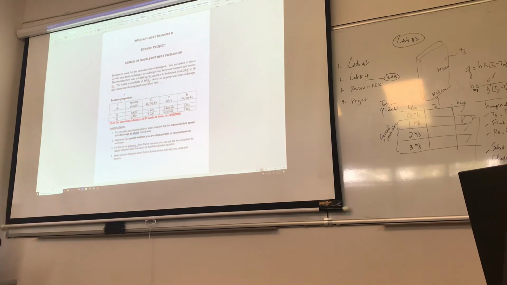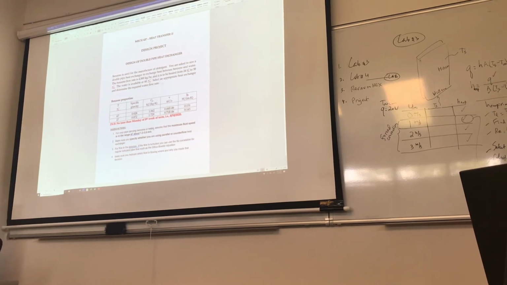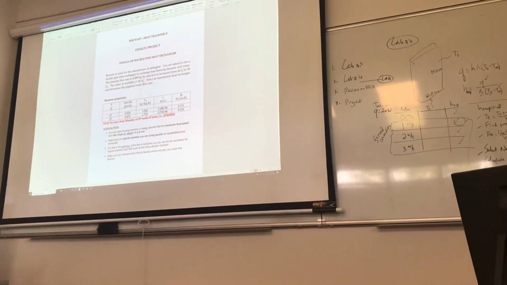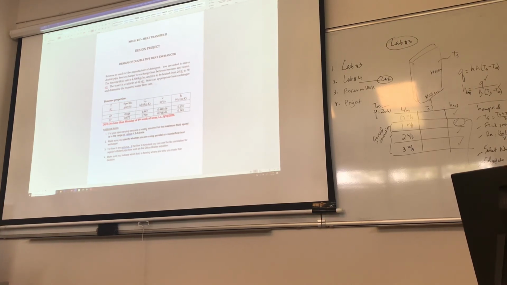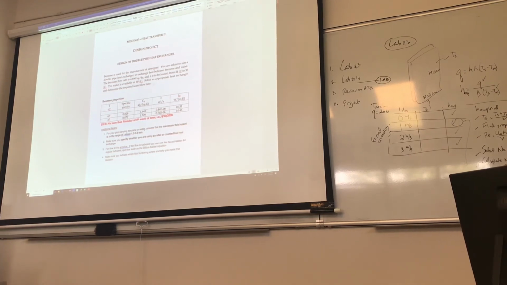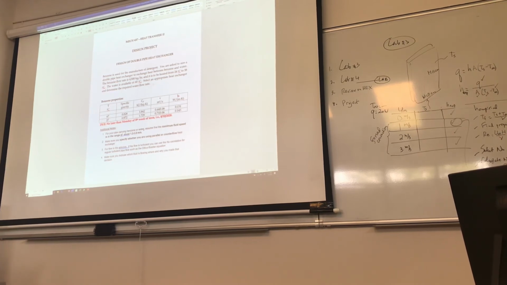Based upon their findings, I'm just giving you the notes and the additional notes. For your pipe carrying the benzene or the water, because I don't know which one you're going to choose, are you going to choose the benzene to flow in the inner pipe or the outside? I've seen it done both ways. You just need to justify why you are choosing it; there's no right or wrong. Why did you choose, for example, benzene to go inside or outside, or water to go inside or outside? Just think about that.